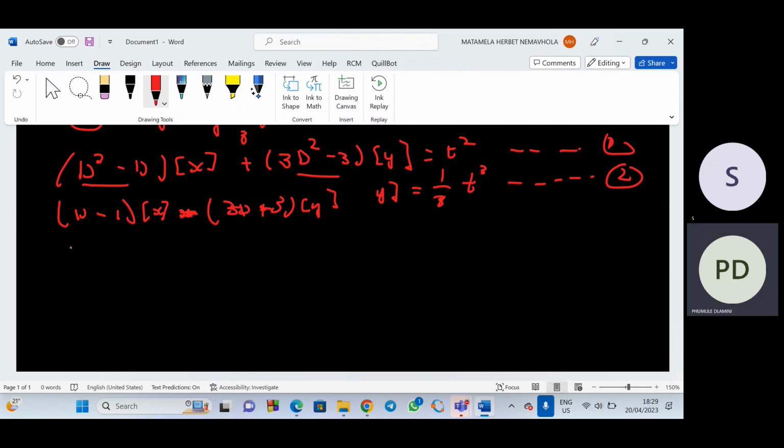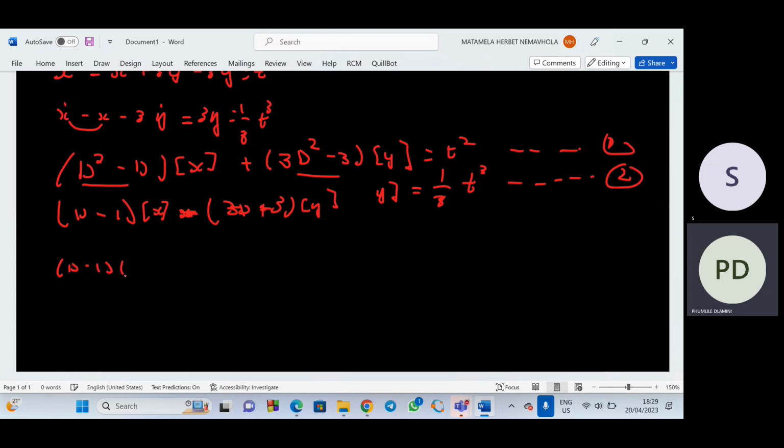Then if you multiply with D minus 1, you're going to have (D minus 1)(D squared minus D) of x, then plus (D minus 1)(3D squared minus 3) of y, which equals (D minus 1) of t squared. Then we can make this equation 3.